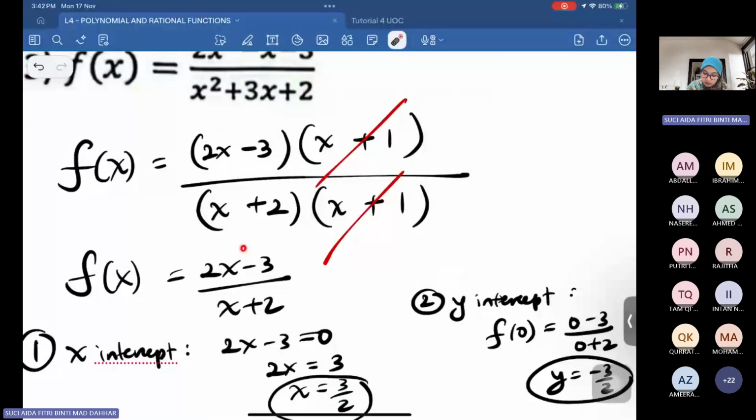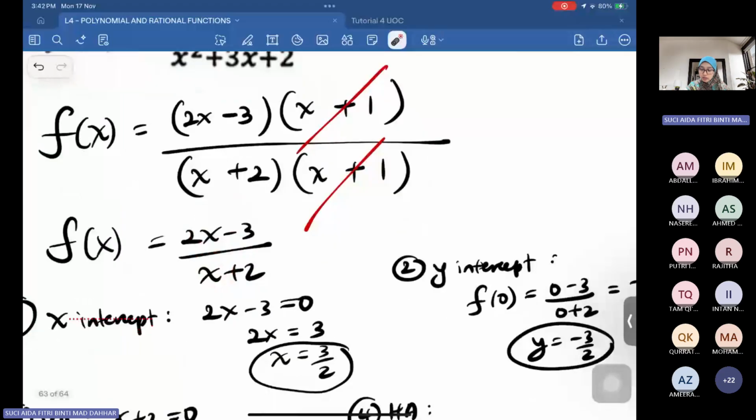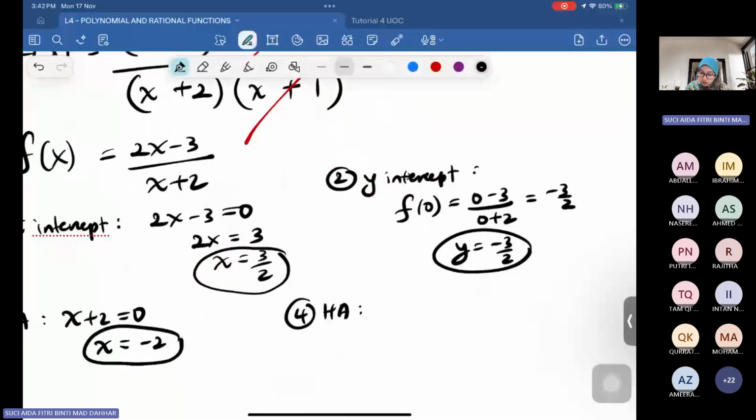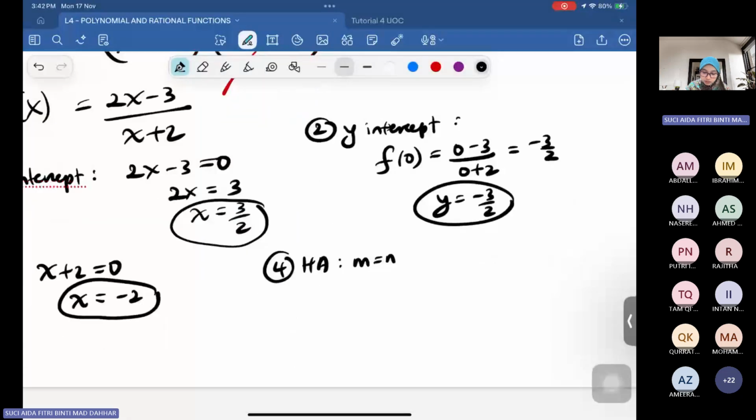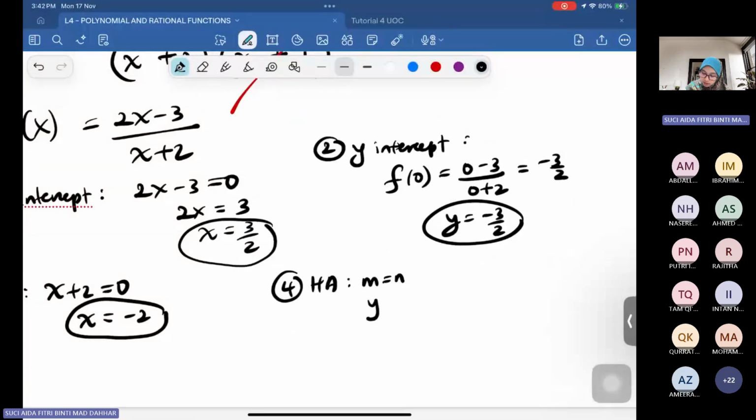The highest degree on the top is 1. The highest degree in the bottom is 1. So they are equal. When m is equal to n, y is going to be equal to 2x over x, which is equal to 2. Y equals to 2 is our horizontal asymptote.